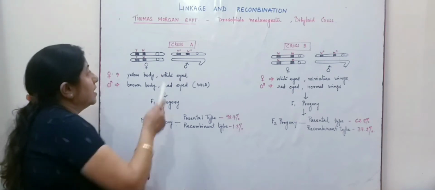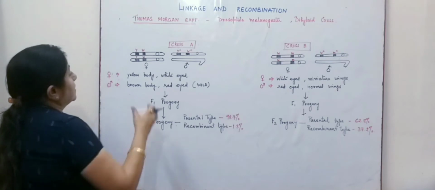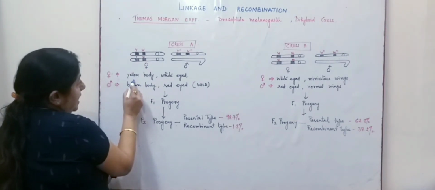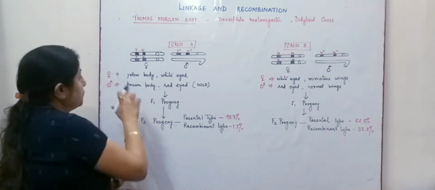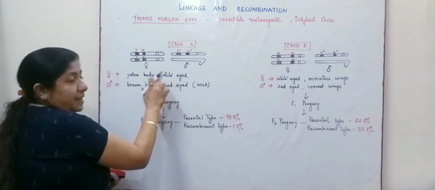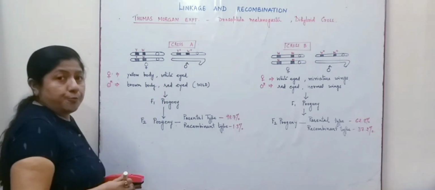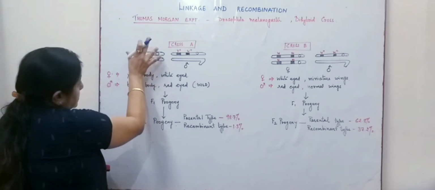Now here are two different crosses. A female was chosen which has yellow body and white eyes, whereas the male was having brown body and red eyes. So here we have put a symbol.